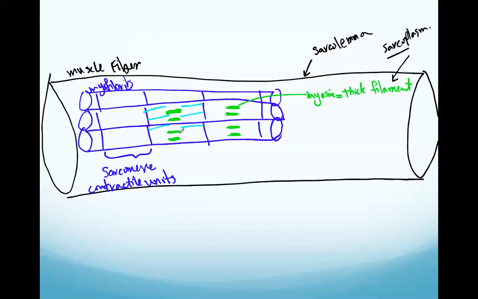Actin, which is the one that I'm drawing right now in bluish color or cyan, is thinner than what we have for the myosin. So the blue ones that I'm drawing are called actin. And again, these are going to be thin filaments.